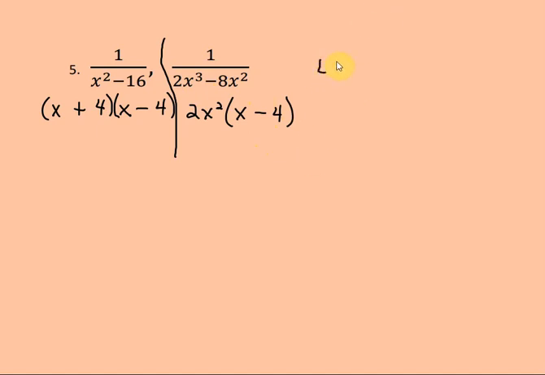All right, so now to find my LCD, I need to use every different factor the most number of times that it occurs. Okay, so when I look across at all of my denominators, I have 2 as the only number. Okay, so that's going to be included in my least common denominator. Then for my variables, my single variables, that's not part of a polynomial, the only thing I have is this x squared.